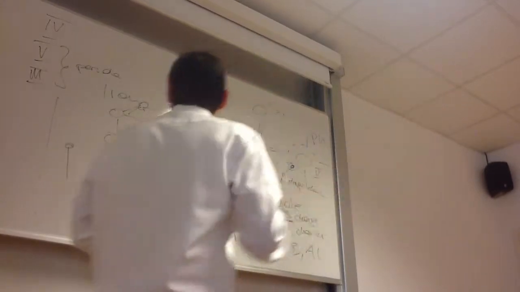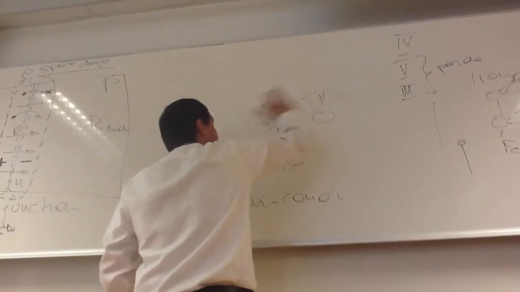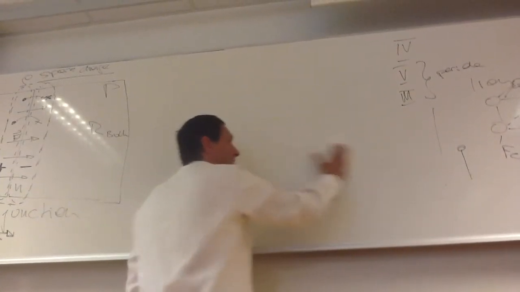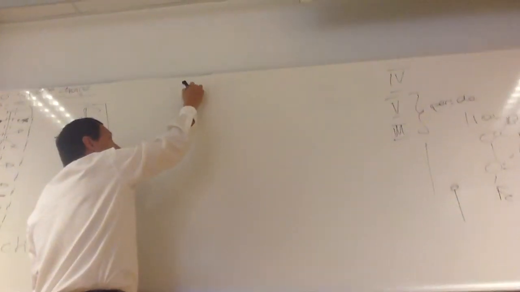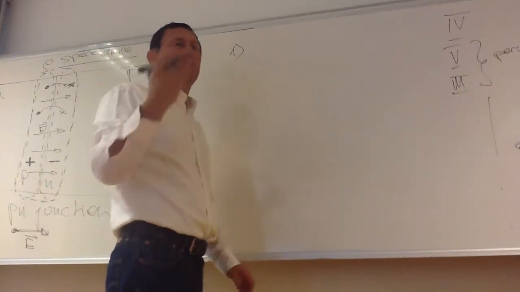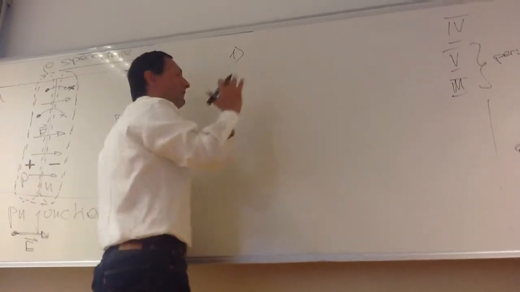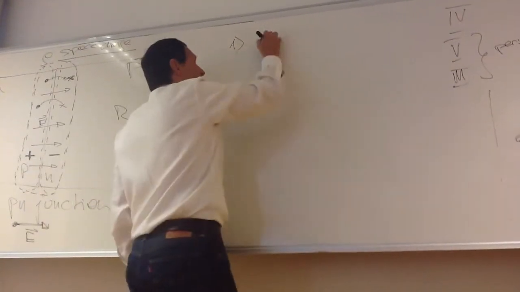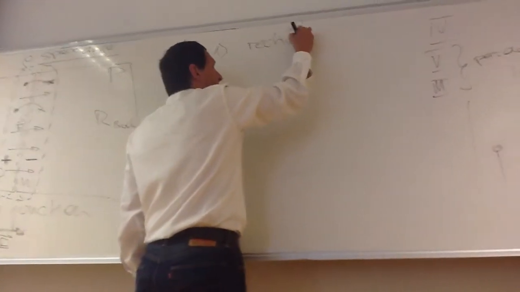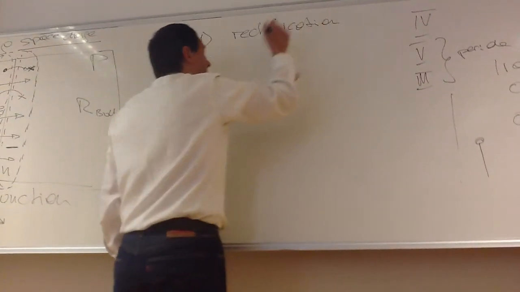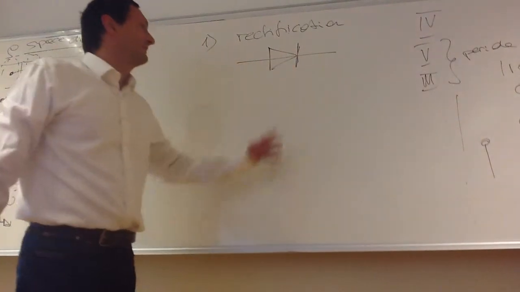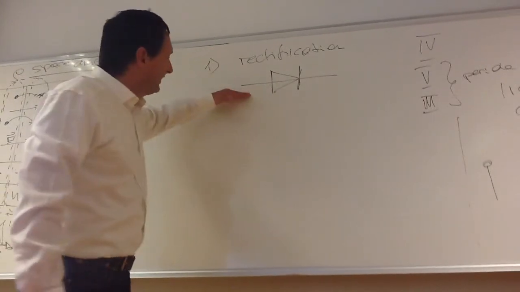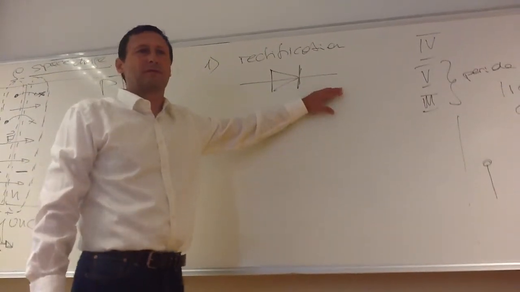So that's one application: to control the current flow. Current flows only in one direction. So that's what we call rectification. And that's what the circuit diagram sign of a diode means: current can only flow in one direction.